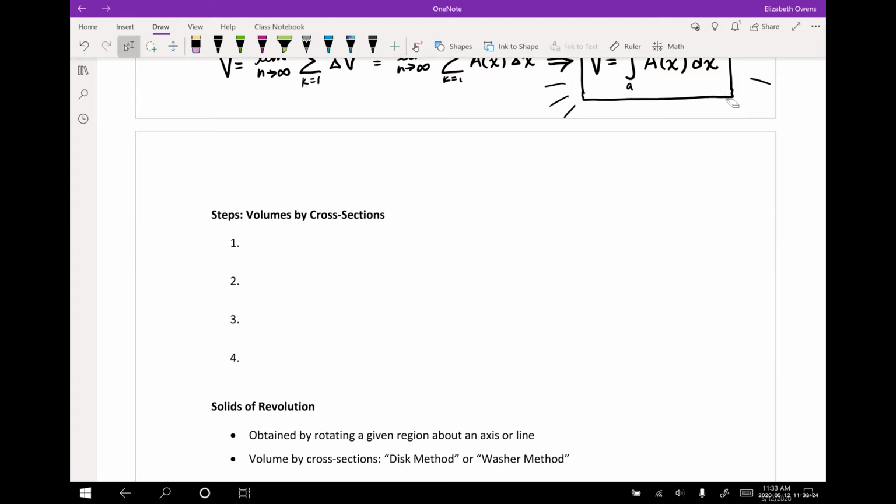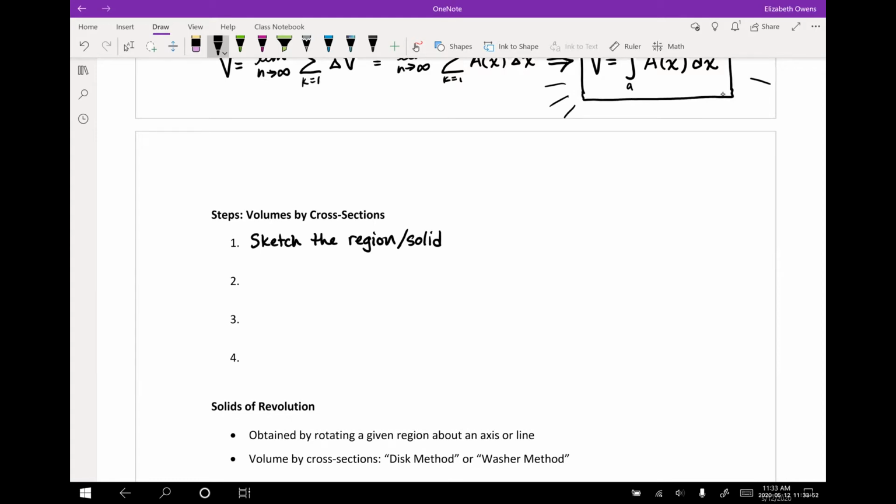First thing that we're going to do is sketch the region that we're looking at. And if possible, even just a really crappy sketch of the three-dimensional solid can be handy, just to help yourself visualize what we're looking at here.